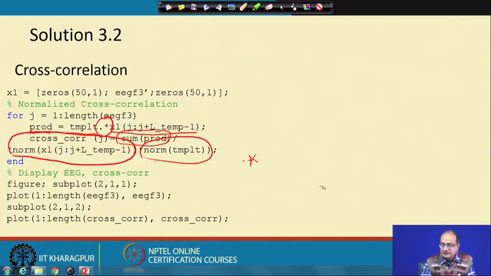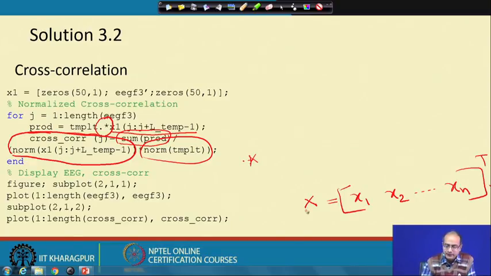Now, what it does? Say if we have a vector x with all these values x1, x2, xn, maybe it is a column vector.